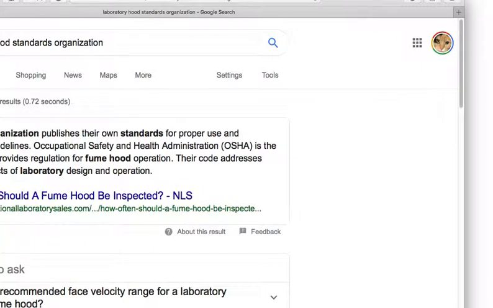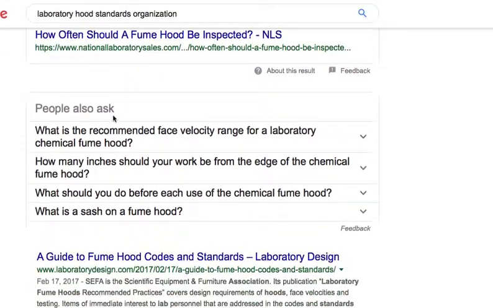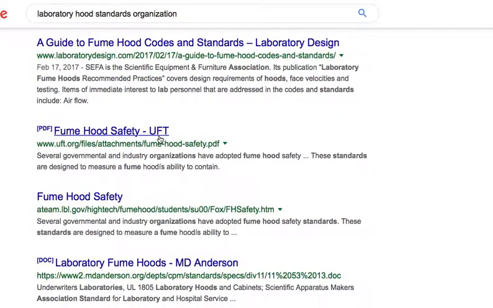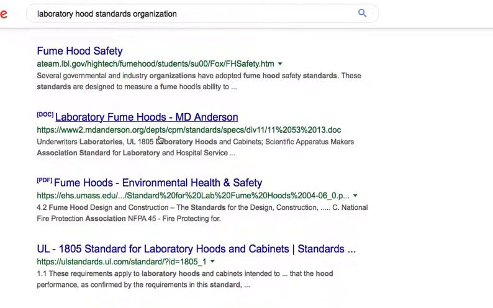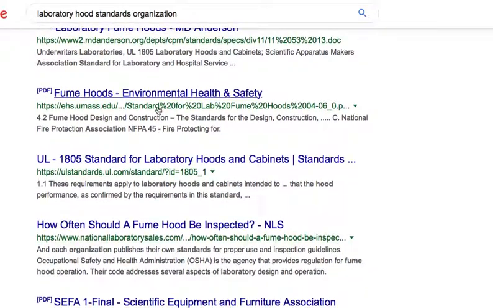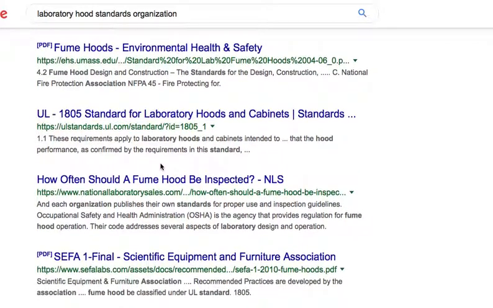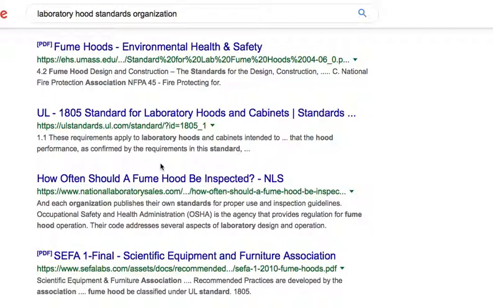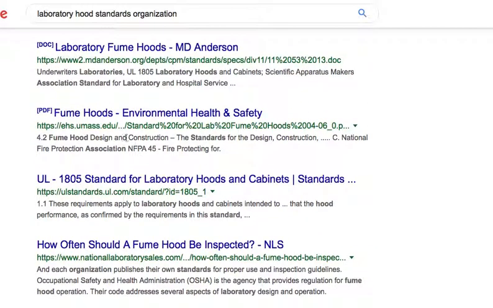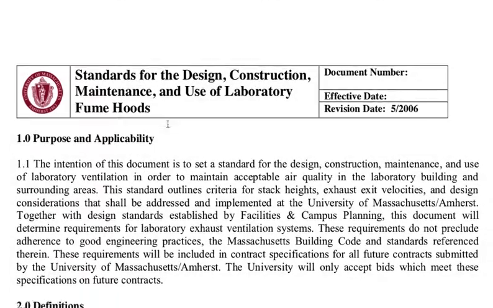Okay, let's see what we come up with here. A lot of people are into this as a profession for money, but I'm going to open up this one. This is an educational system, so I'm going to open this up.